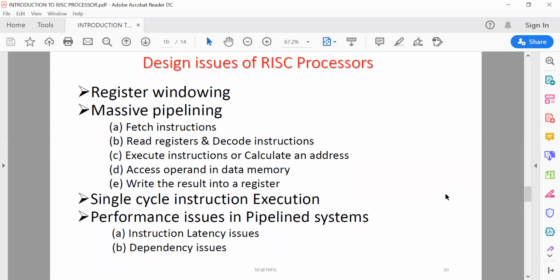So what is register windowing? The concept of register windowing involves a mechanism where the chips expose 32 registers to the programmer at any one time, but these registers are just a window into a larger set of physical registers.